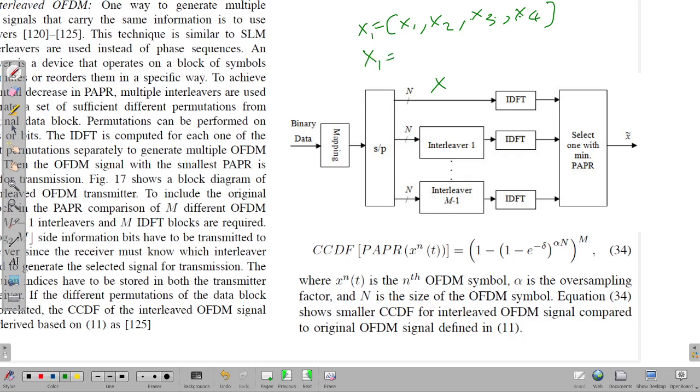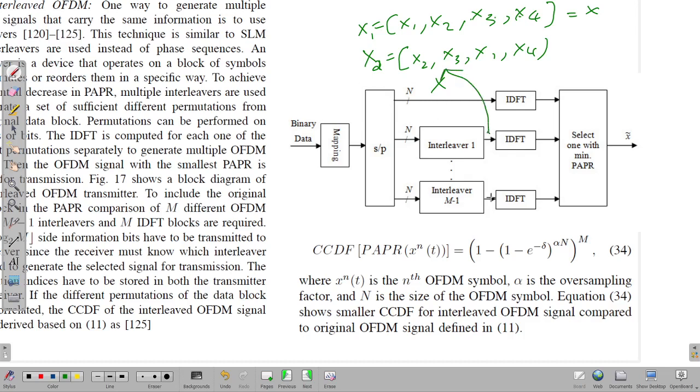This is x1, x2, where x1 is the same as x itself, and x2 is a permutation of x, so it could be like this, x2 x3 x1 x4. After interleaving, it could become like this.